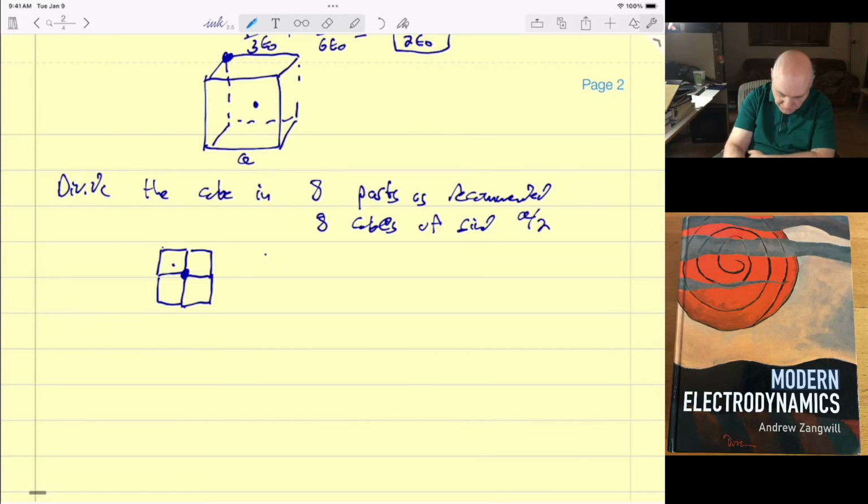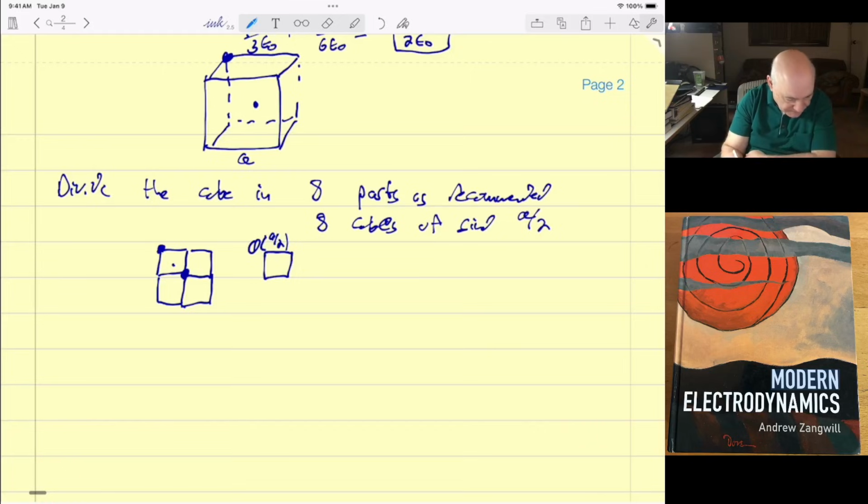At the corner of the small cubes, the potential is all the same. Let's call this, whatever it is, we don't know what it is. This is the potential at the corner of a cube of side A over 2, but it's also going to be equal to the potential of a cube of side A. I'm just looking at the potential of this cube by itself. Let's just leave that off.